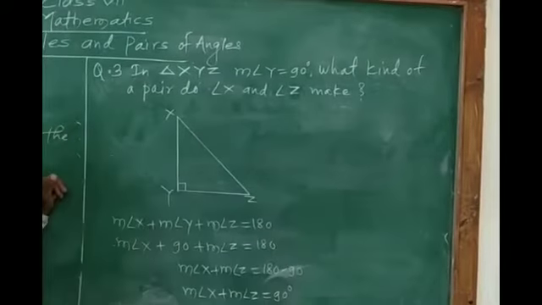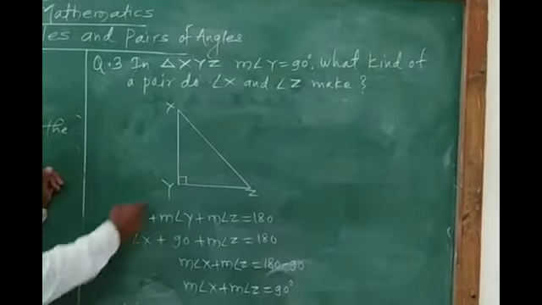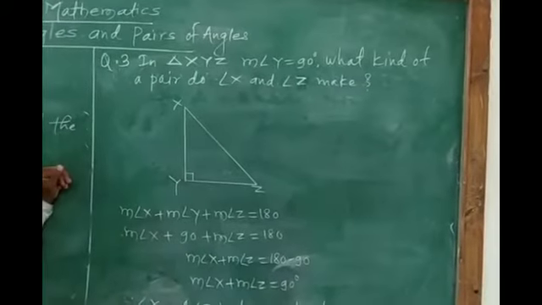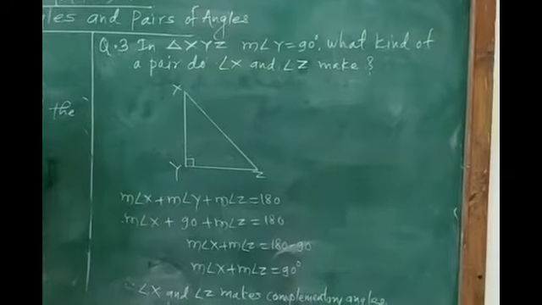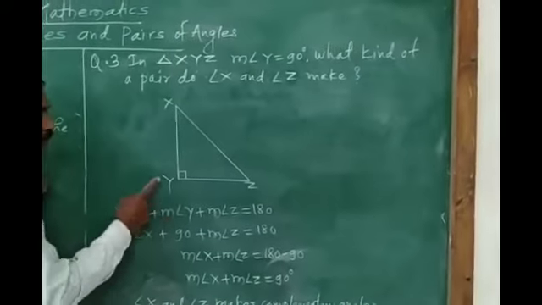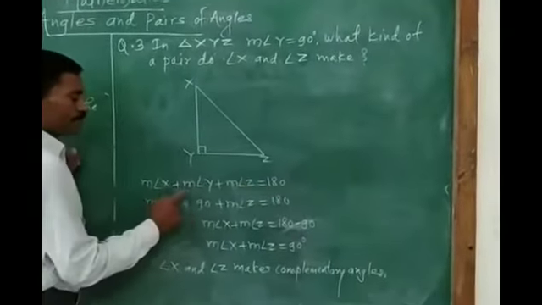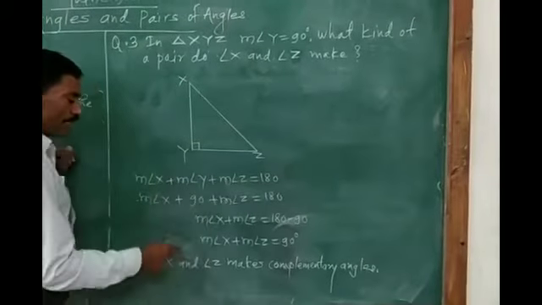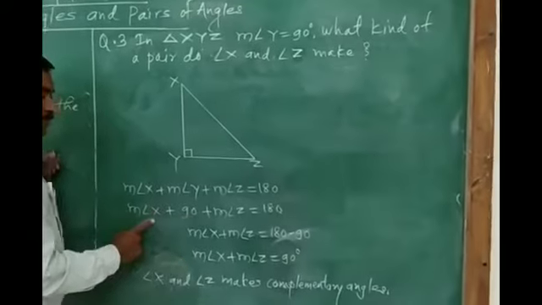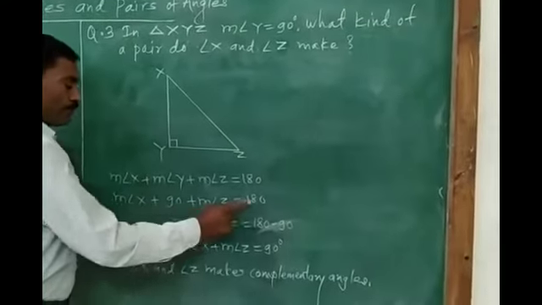I have drawn here triangle XYZ where angle Y is 90 degrees. We know by angle sum property of triangle, the sum of the measures of all angles is 180. Therefore X plus Y plus Z is 180. It is given only measure of angle Y. X plus 90 plus Z is equal to 180.